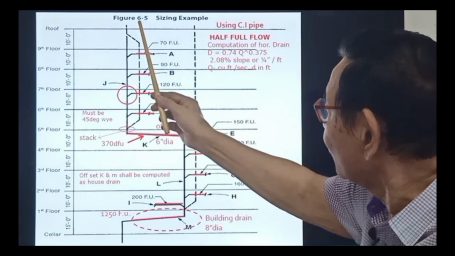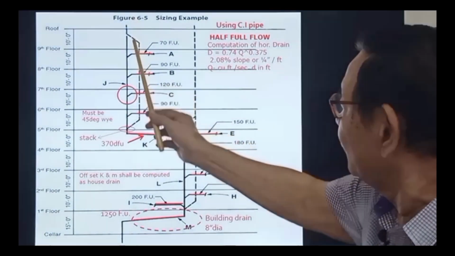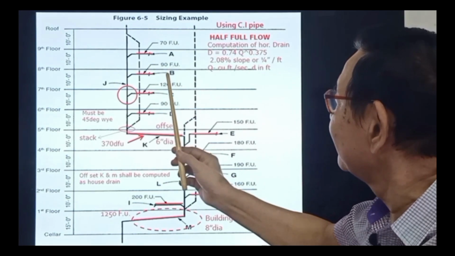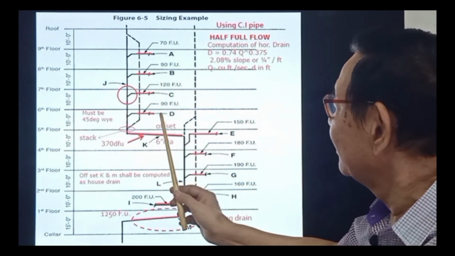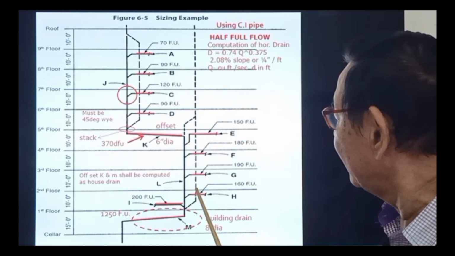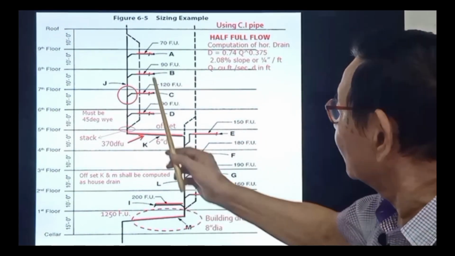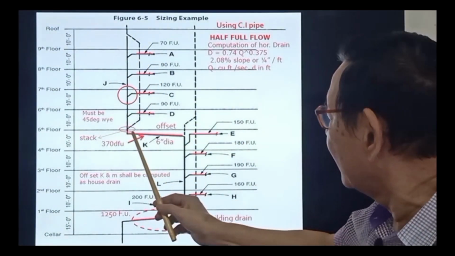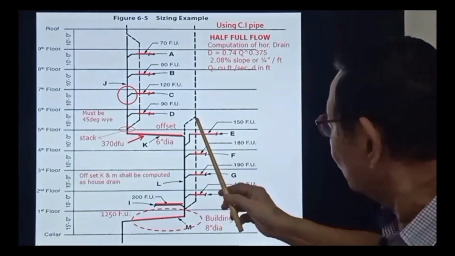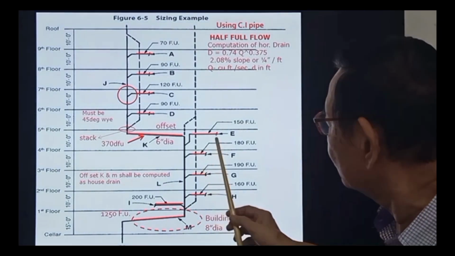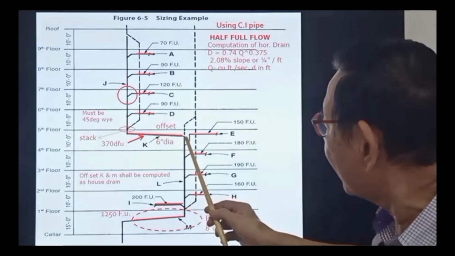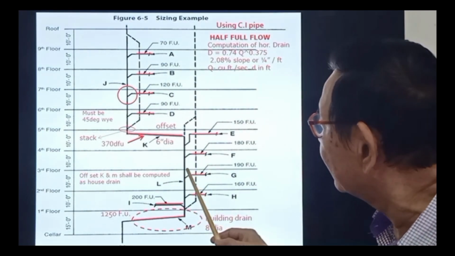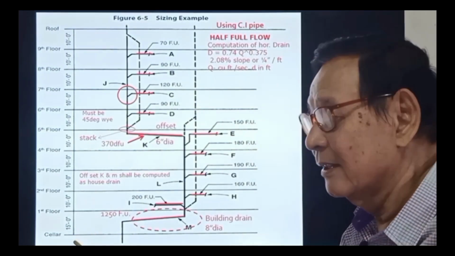If we use a certain diameter of pipe, we will investigate if it is safe to discharge these fixture units. The same thing here: what is being discharged in the upper zone through the offset goes down also to the lower zone, so it adds up to the load of the lower zone. It means this has a bigger diameter than the stack of the upper portion.